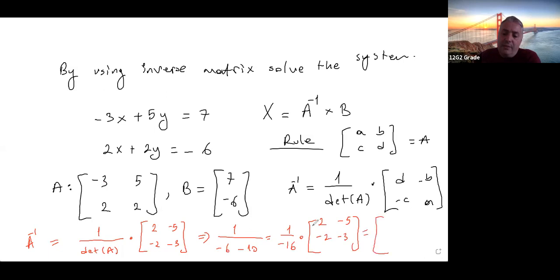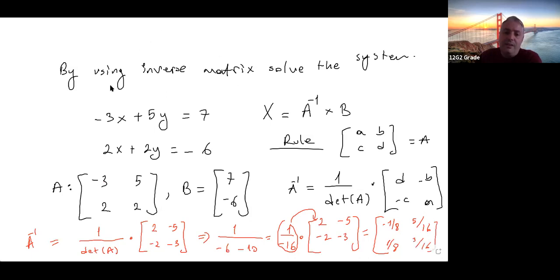If I multiply, 2 over -16, which is -1 over 8. 1 over -16 times -5, 5 over 16. And then this time positive 1 over 8. And then positive 3 over 16.